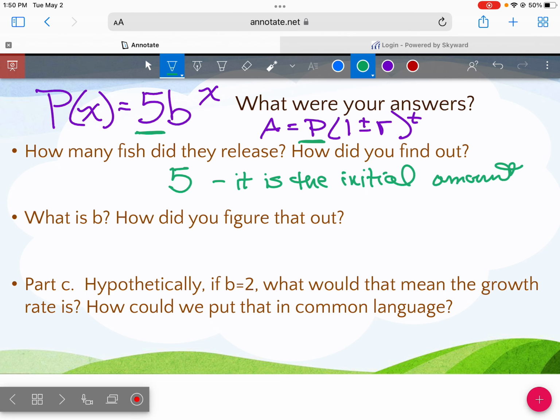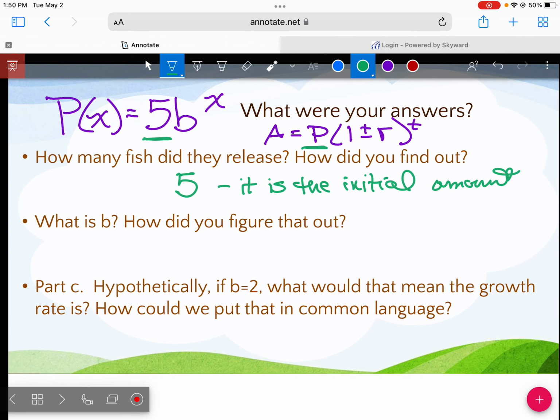Okay. Now, it says, what is B? Now, in your books, on page 129, it says, find B if you know that the lake contains 33 fish after 8 weeks. Show step-by-step work. What is B, first of all, in general?